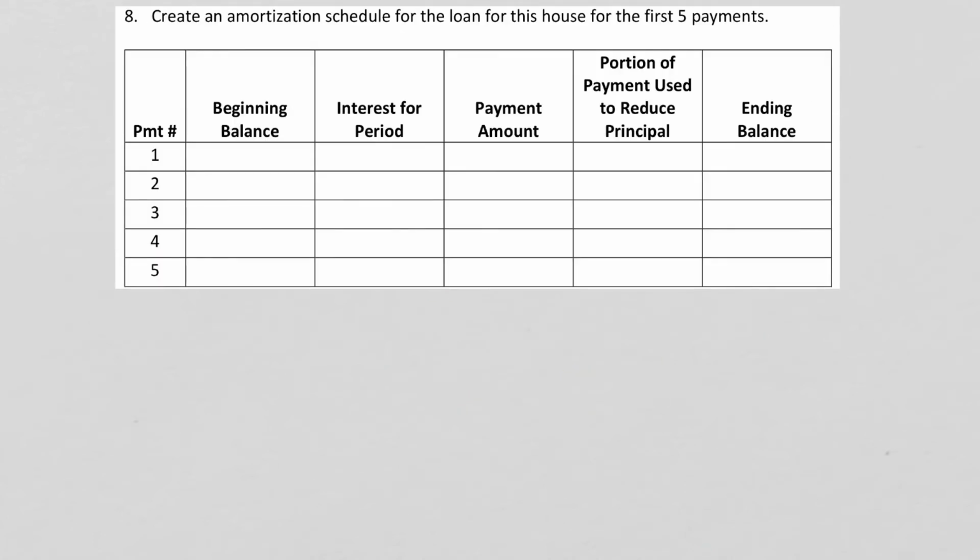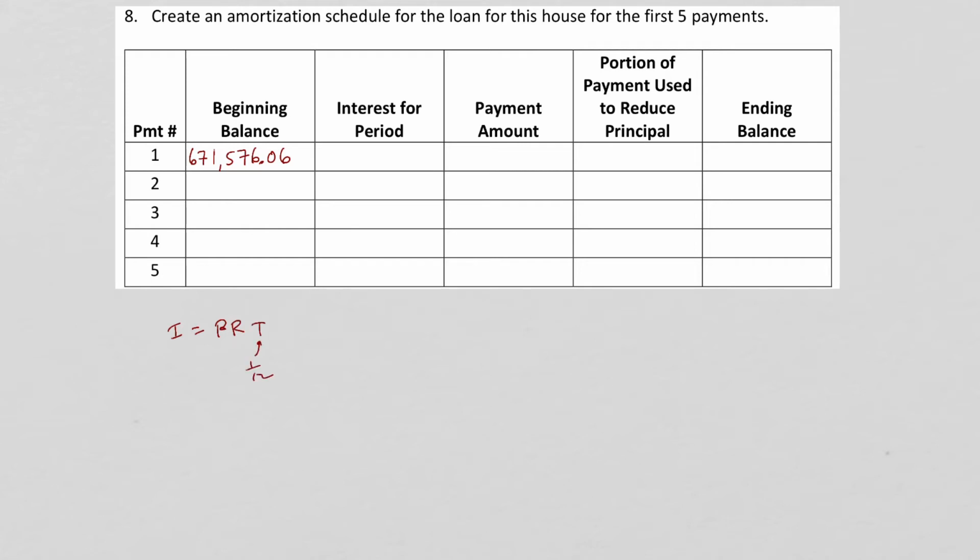Okay, this is tedious, so I'm just going to fill in the values, but remember, this was $671,576.06 as our starting balance, and remember, interest is principal times rate times time, and this is 1 over 12.